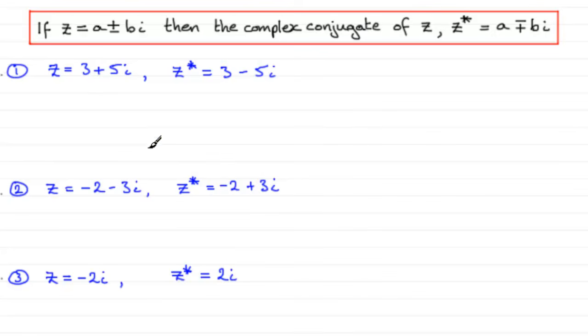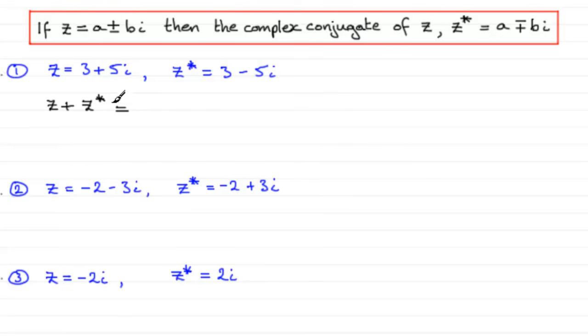Now, when we have complex numbers and their complex conjugate, two things happen that are very special that we can use later on, as you'll find out in later tutorials. And that is, if we add two complex conjugate pairs together, then we always get a real number.